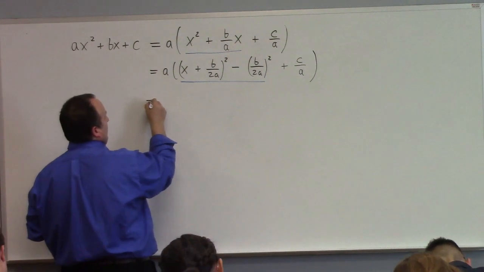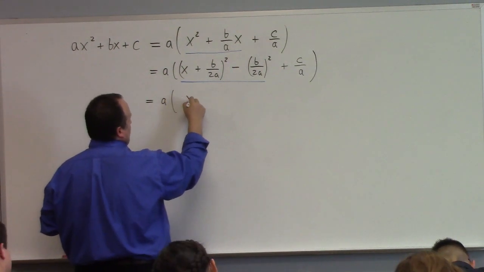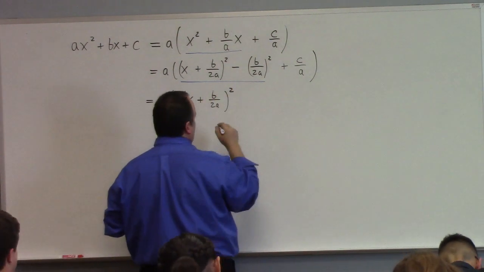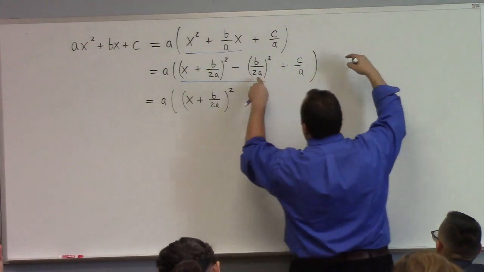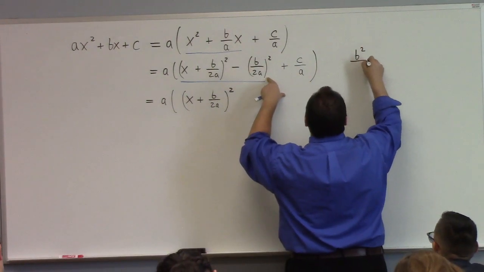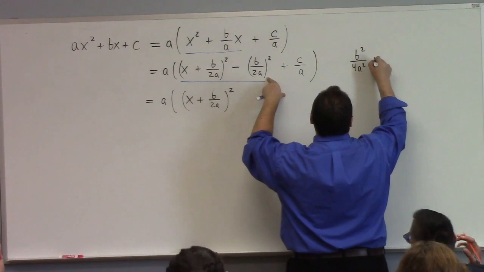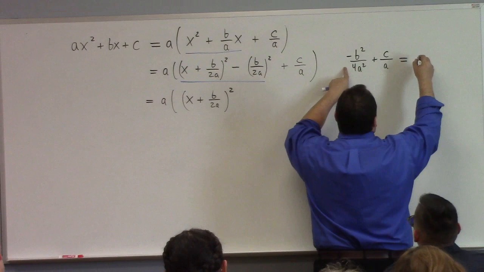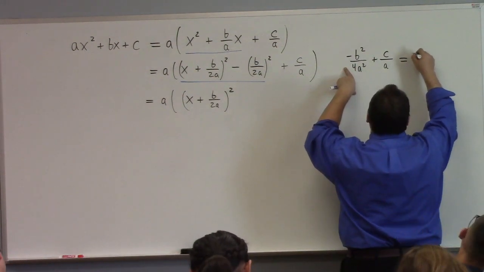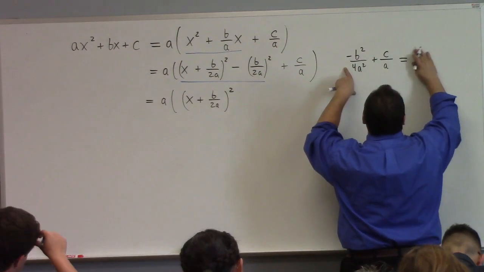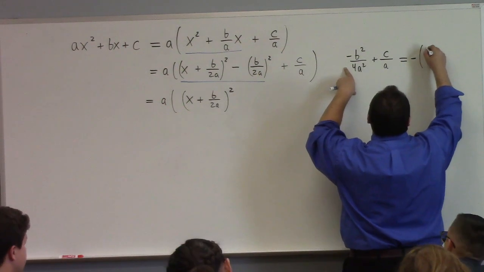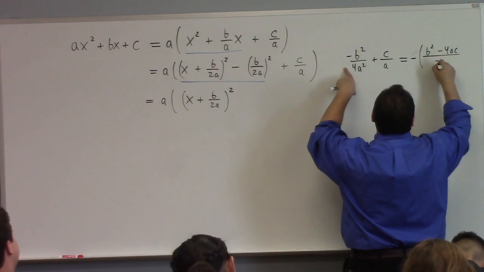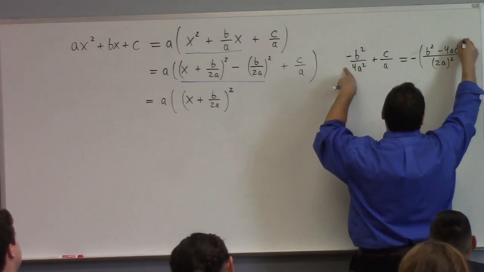Then I go, aha, this is a times x plus b over 2a, quantity squared. And let me just do a little pre-processing here. This is b squared over 4a squared, minus that, plus c over a. So I can rewrite that as minus, pull a minus out, and that gives me b squared minus 4ac over 2a quantity squared.